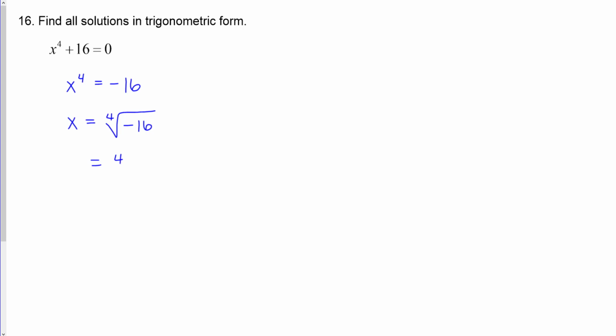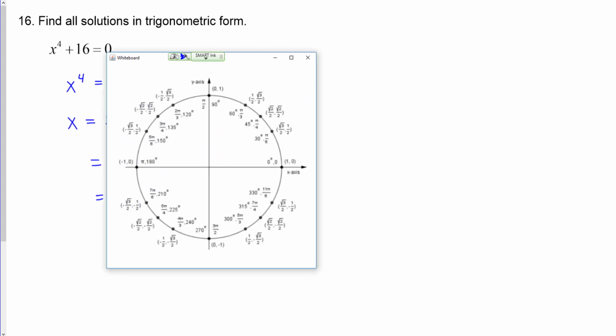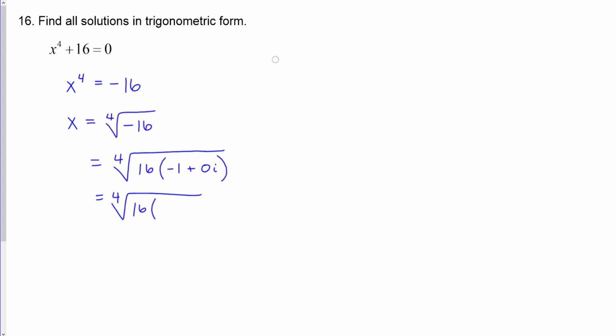So essentially it becomes the 4th root of 16 times negative 1 plus 0i, or the 4th root of 16. So negative 1 and 0 is here, so that's 180 degrees. So CIS 180 degrees.